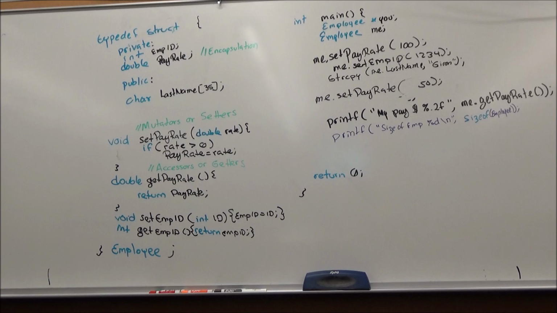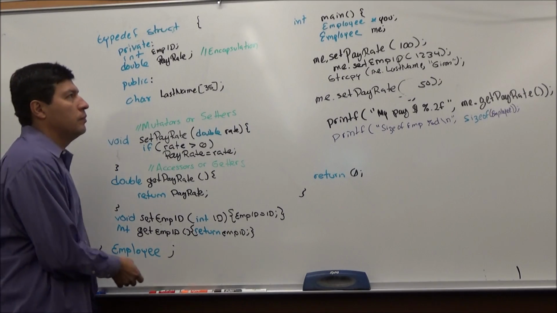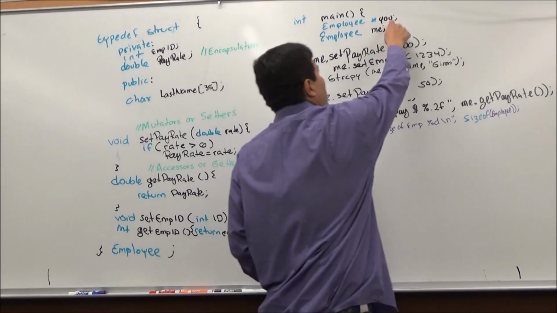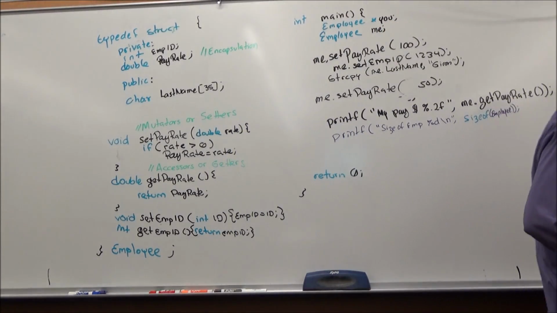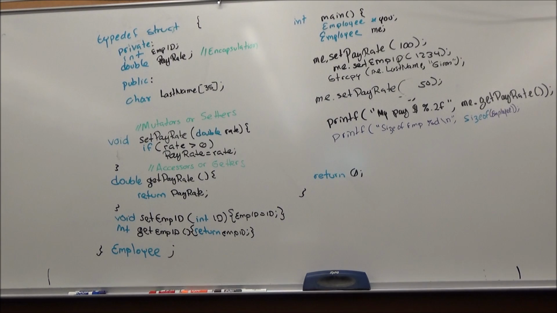But now, U, how big is U going to be? This variable U. Can you tell me how big that is? It's a pointer, right?